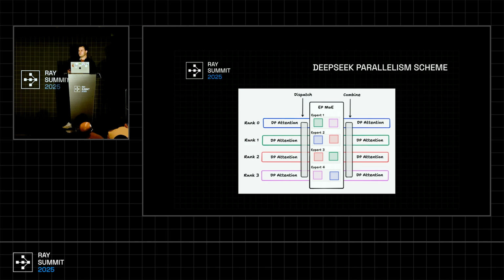And rather than using these all-reduce kernels, which require us to synchronize all of the GPUs together, we have the opportunity to use sparse collective operations, which can scale better to these multi-node environments.